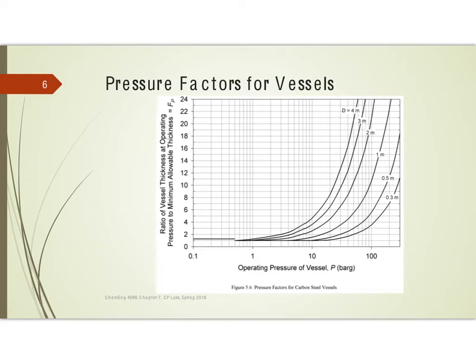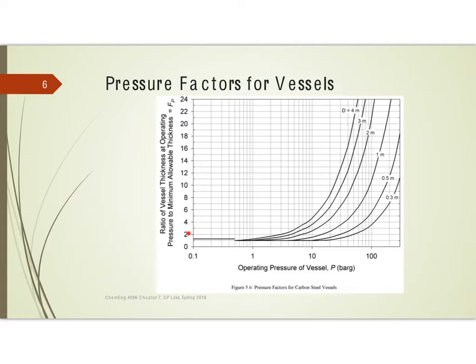And as long as I'm down at near atmospheric pressure, then there's not going to be too much of an additional thickness of the wall. But especially once we hit like 10 bar or higher, there's really going to be a significant thickness factor, so it's going to cost more in material.